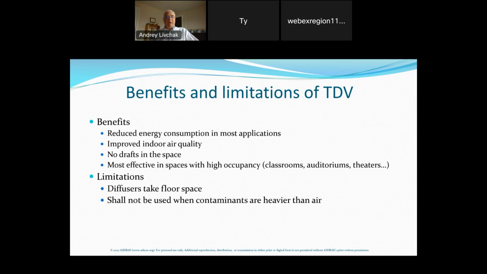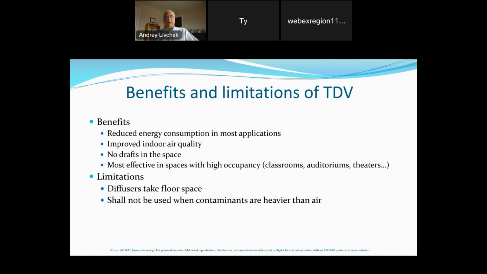Displacement ventilation has its limitations as well. Typically, diffusers need to be placed in the occupied zone, so they take floor space. Diffusers are fairly bulky because you need to have a fairly large air distribution area.